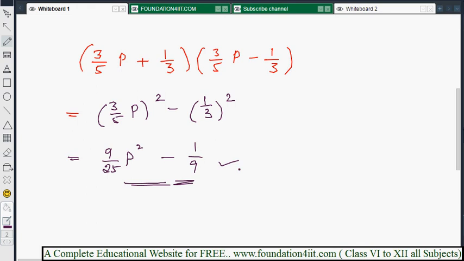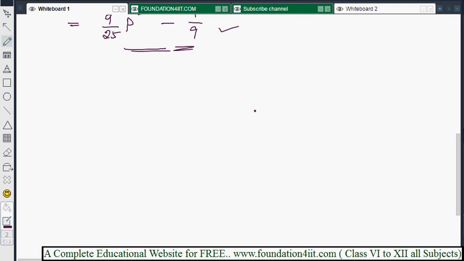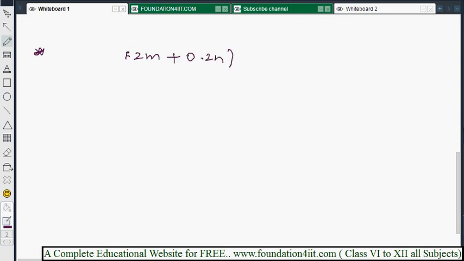And let's see one sum of decimals. Find the product of 1.2m plus 0.2n into 1.2m minus 0.2n. Fine, so try to solve this. What can you write when you apply the identity?